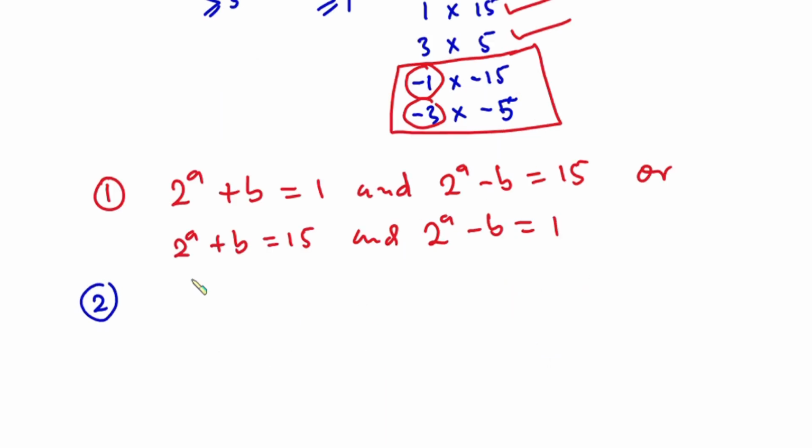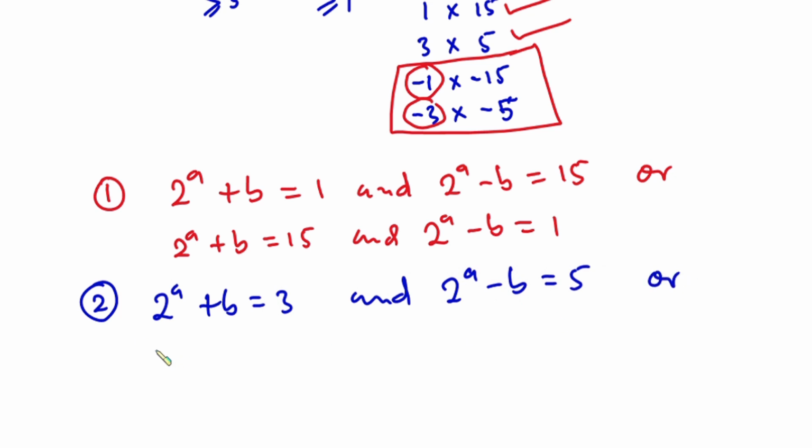Now let's consider the second case from here. 3 times 5. It could be that 2 to the power a plus b is equal to 3 and 2 to the power a minus b is equal to 5. Or it could be that 2 to the power a plus b is equal to 5 and 2 to the power a minus b is equal to 3.